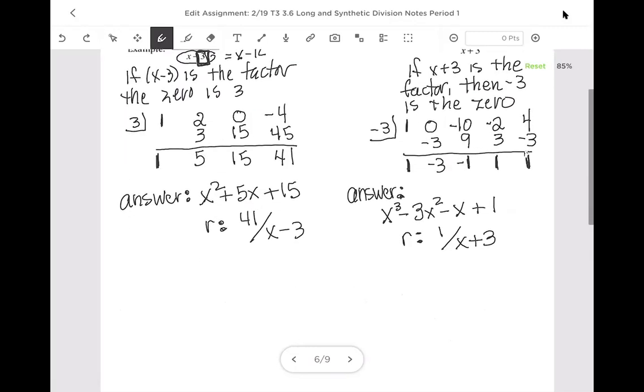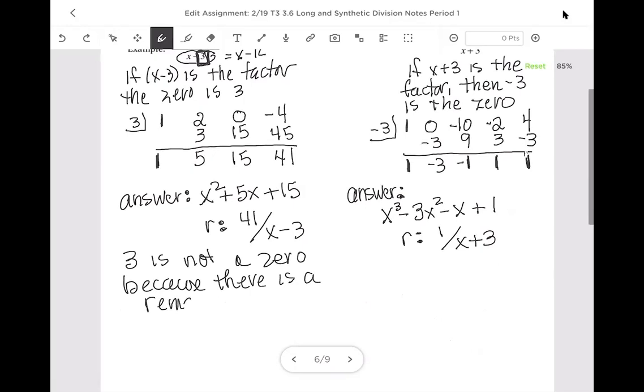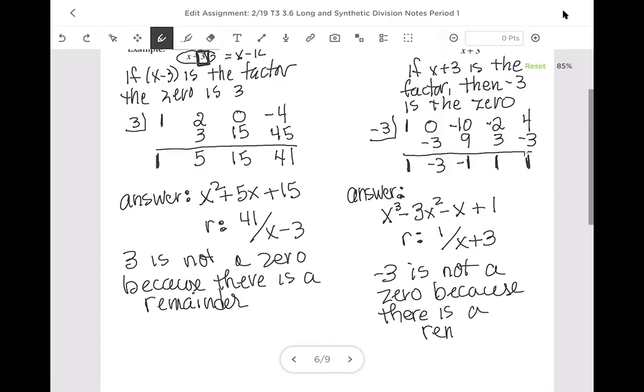So I want to go back to that. 3 is not a 0 because there is a remainder. And over here, -3 is not a 0 because there is a remainder. It's only going to be a 0 if you end up with 0 for the remainder.